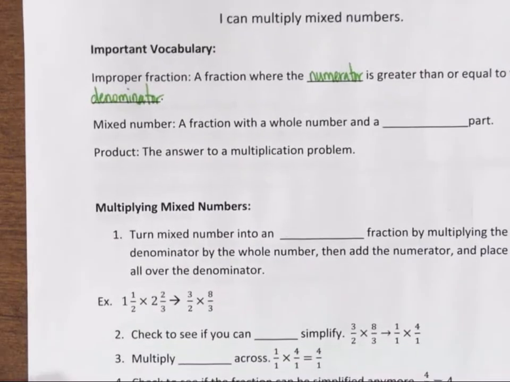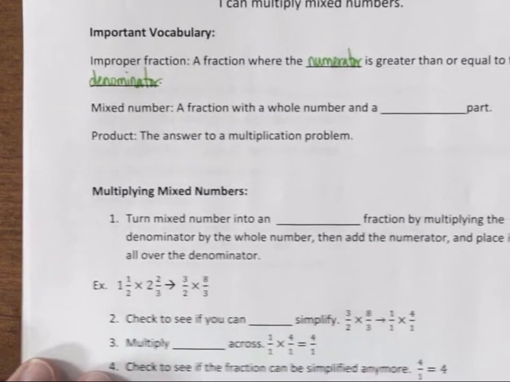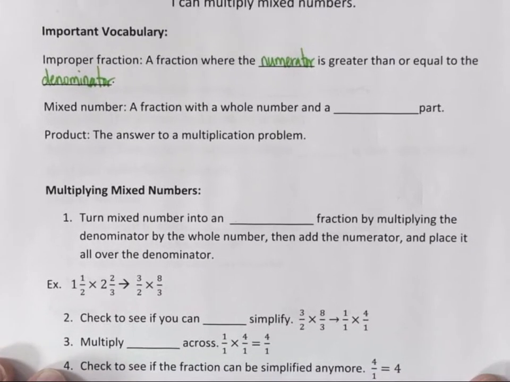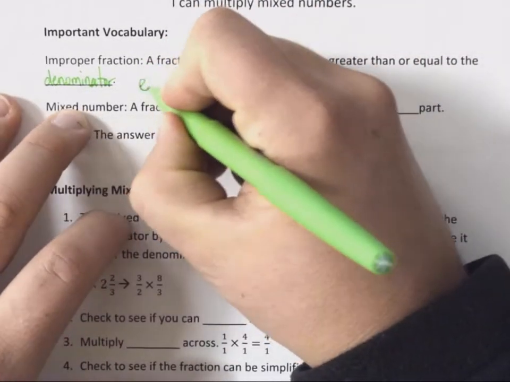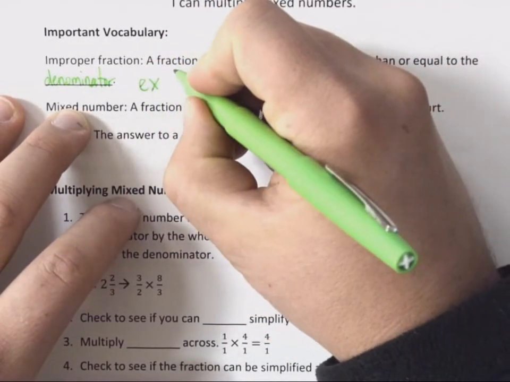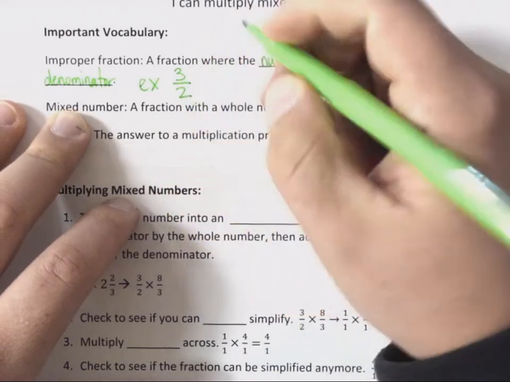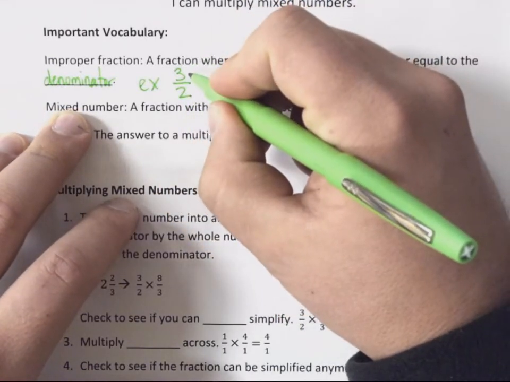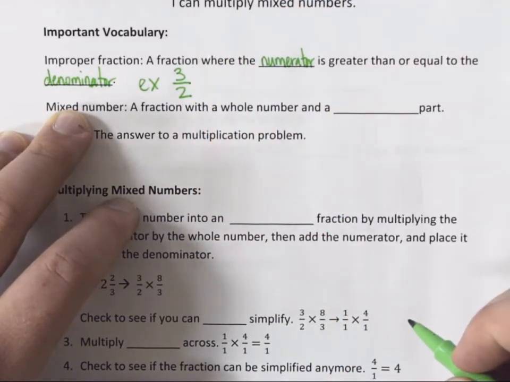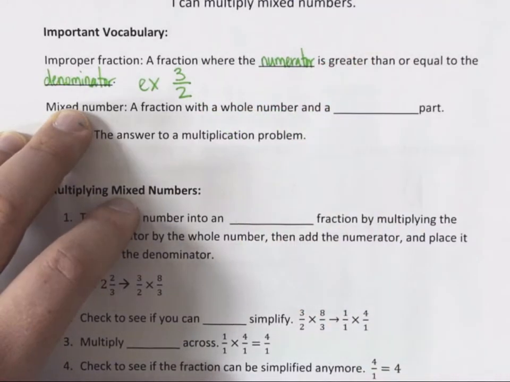Okay, an improper fraction is where the numerator is greater than or equal to the denominator. For example, 3 halves. Okay, the numerator is greater than or equal to the denominator.